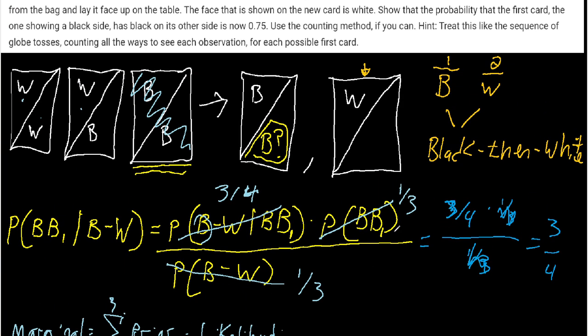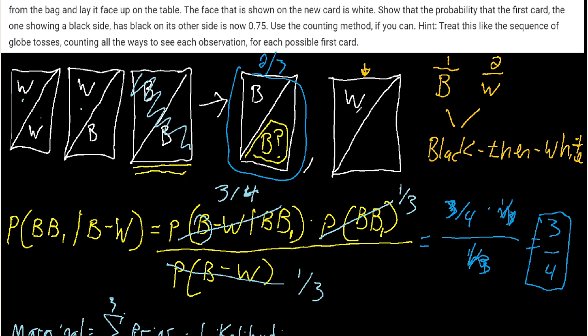If you recall back from question 2M4, when we just had one card to look at, the posterior that we came up with was 2/3. In question 2M4, the posterior probability of black, black was 2/3.